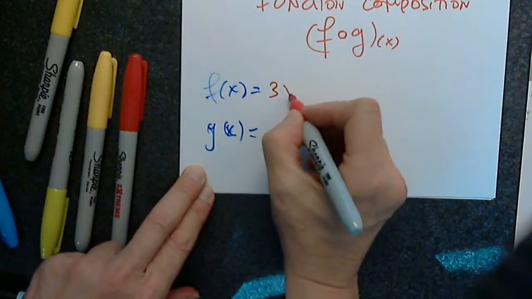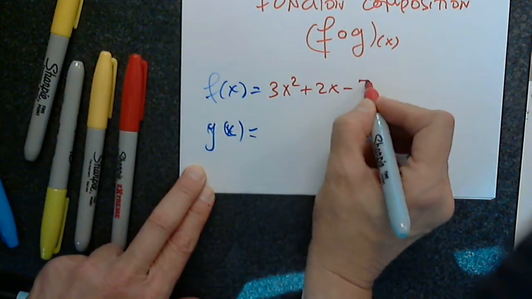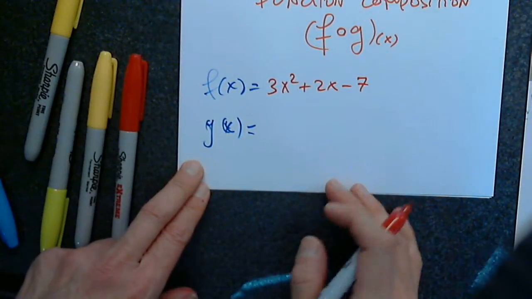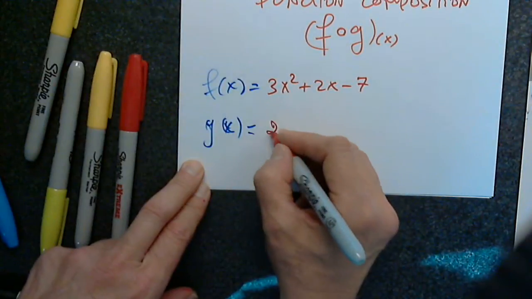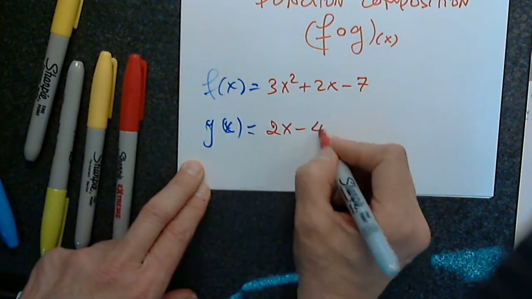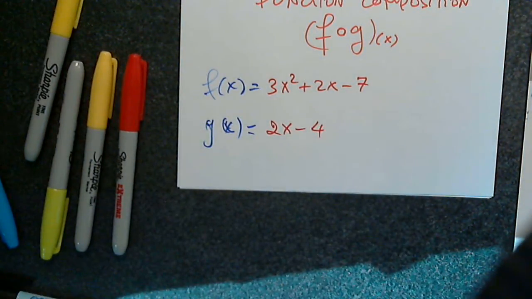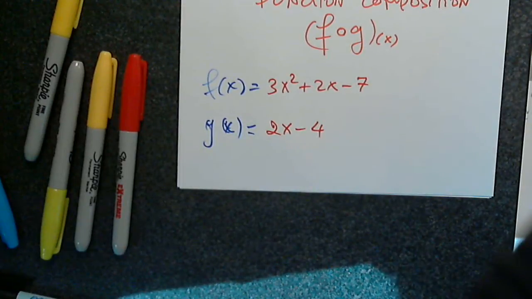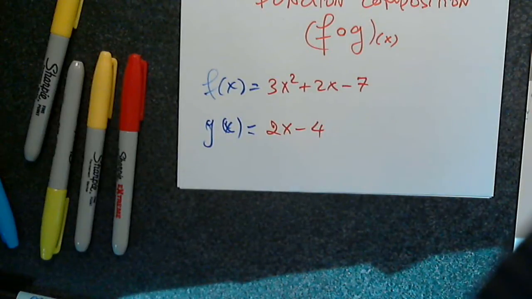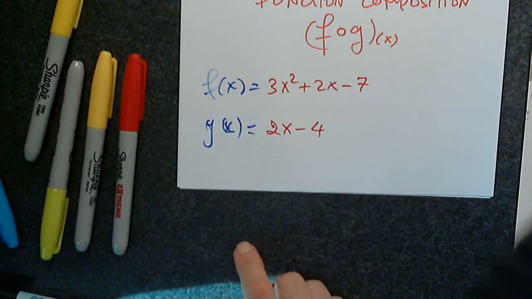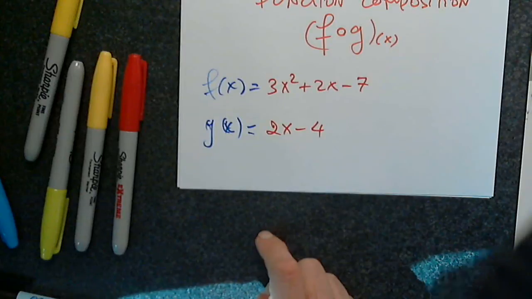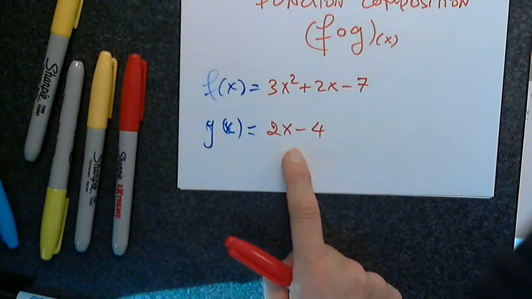So let's say 3x squared plus 2x minus 7, and 2x minus 4. What type of functions are these? The biggest umbrella over both of them is polynomial. The first one, f, is quadratic. And the second one is linear.